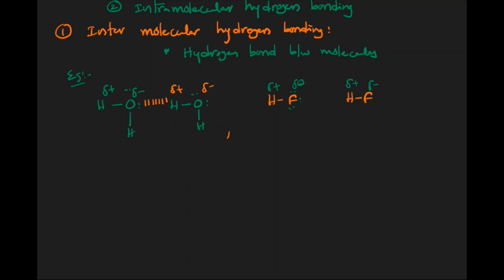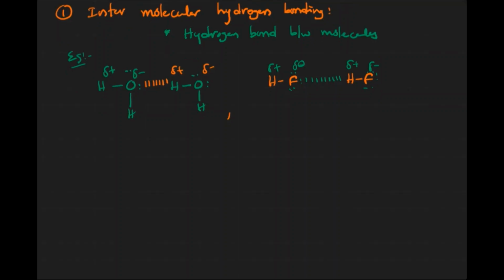There will be electrostatic attraction between the two oppositely charged species, a dipole-dipole interaction, between partially positive hydrogen and partially negative fluorine. That is what we call intermolecular hydrogen bonding, since it takes place between the molecules.